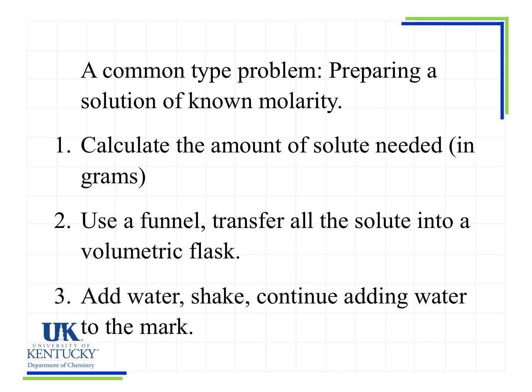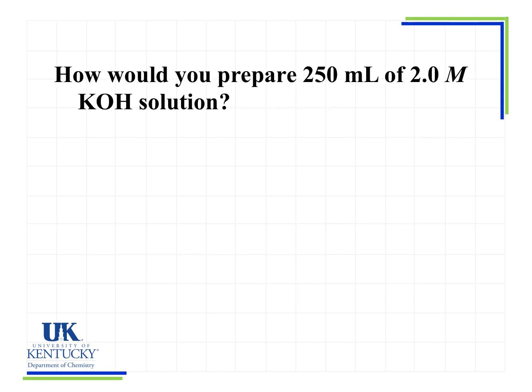We did it until mole. If we need the mass, we do one more conversion factor with a molar mass to find the mass. Okay, we find the mass, we use a funnel and transfer the solute into the volumetric flask, and then we add water, shake it, dissolve it, and add more water until the bottom of the meniscus, which is the marking on the volumetric flask.